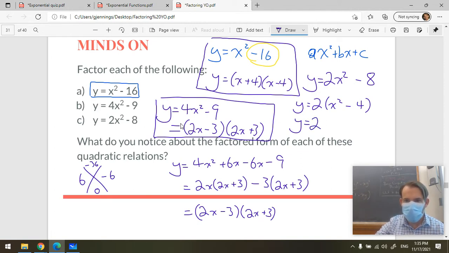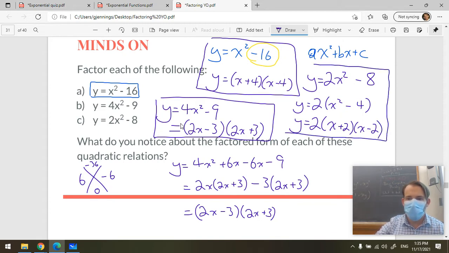So this is 2 times x plus 2, x minus 2. Okay? And why didn't you have to do the x thing and stuff? Well, I didn't need an x thing there because here we need an x thing because we have multiplies to 4 and adds to negative 9.